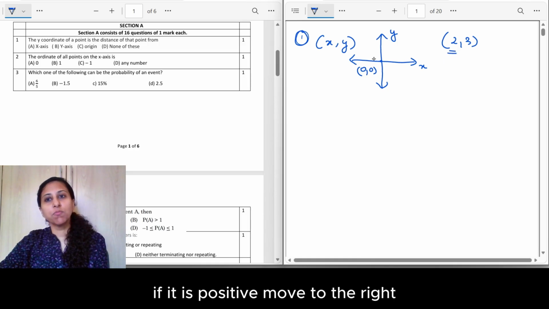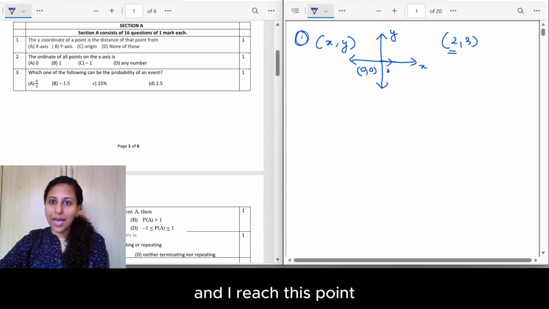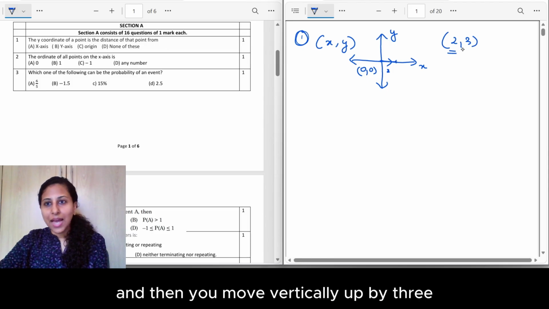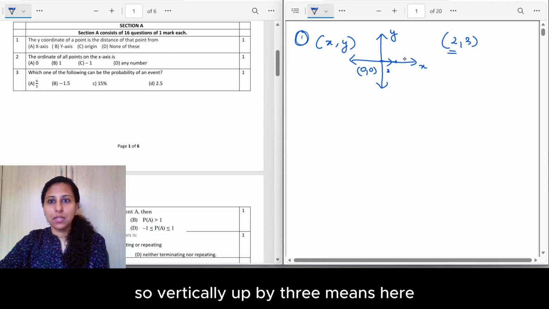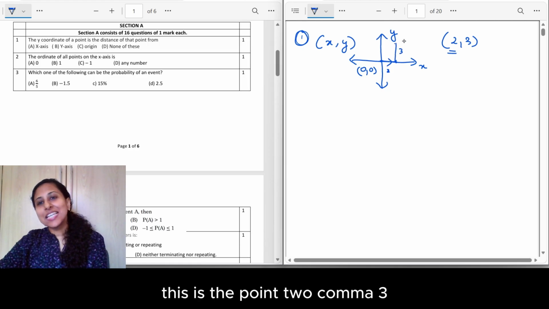If it is positive, move to the right, negative, move to the left. So positive 2 means I move to the right by 2 units and I reach this point. And then you move vertically up by 3. So vertically up by 3 means here you go. Right? This is the point 2, 3.